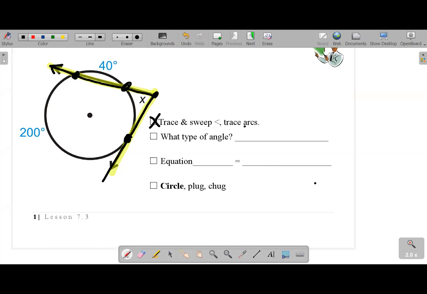What type of angle? It would be a tan. That's the tan. It goes through at 2 points, but starts on the outside.